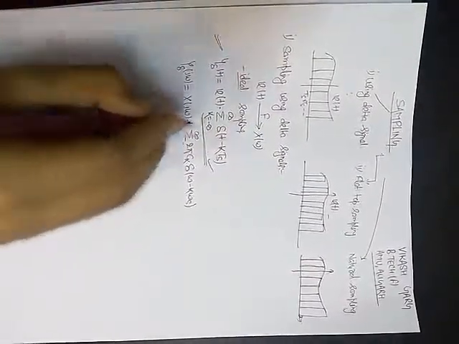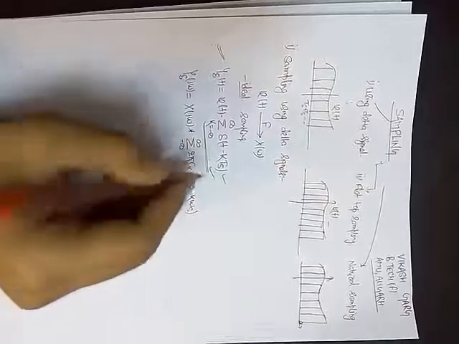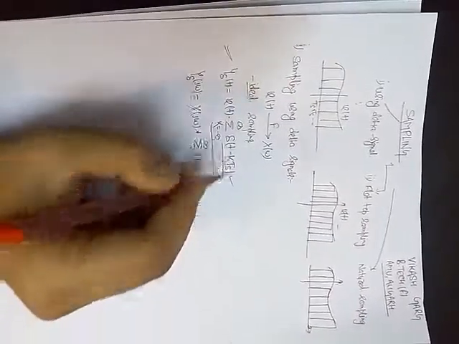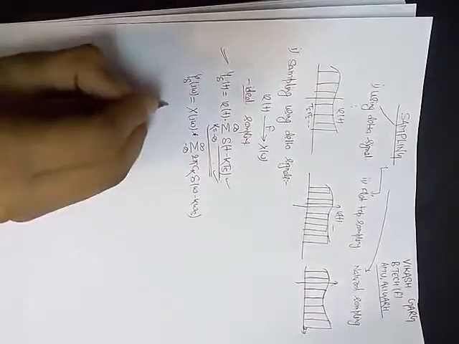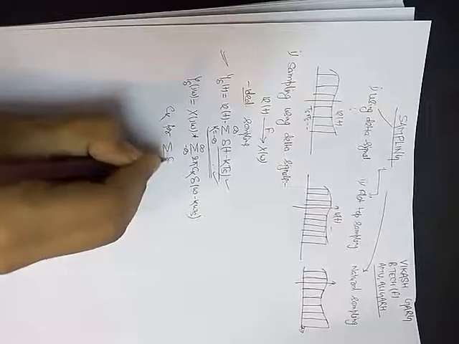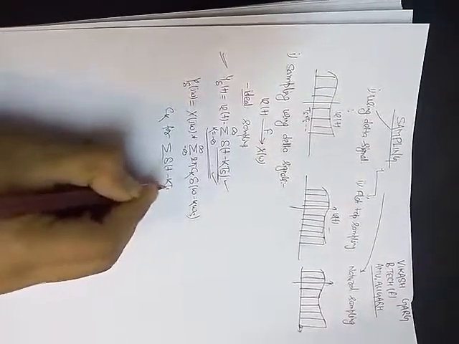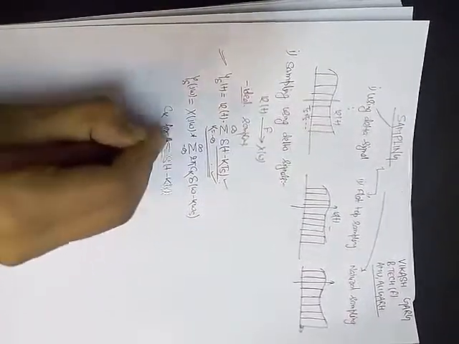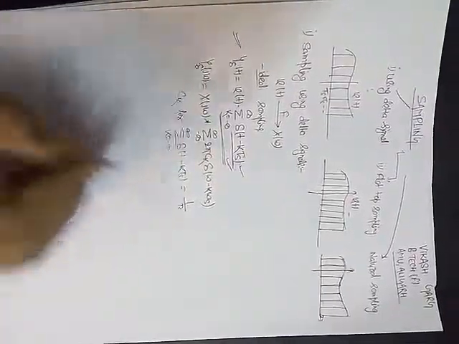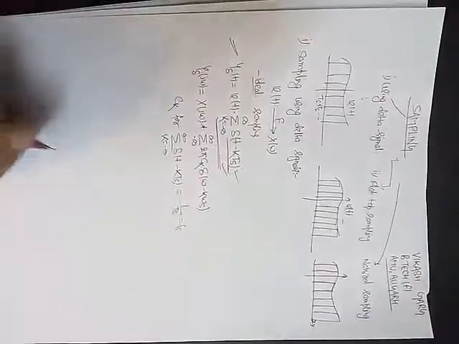When you find the c_k values, the Fourier series coefficients for this train of delta functions, you will find that c_k is nothing but simply 1/Ts, that is, fs.